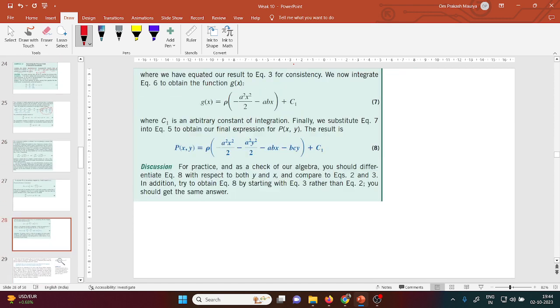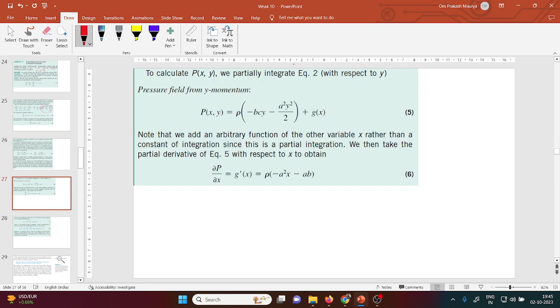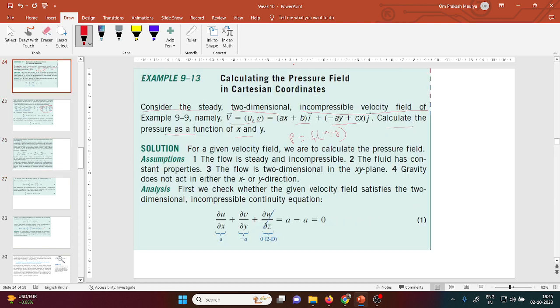Let me show first. For a given velocity field, we are going to calculate the pressure field. The assumption is that the flow is steady and incompressible, as given in the question, and the fluid has constant properties, that is, mu and the density are constant everywhere.